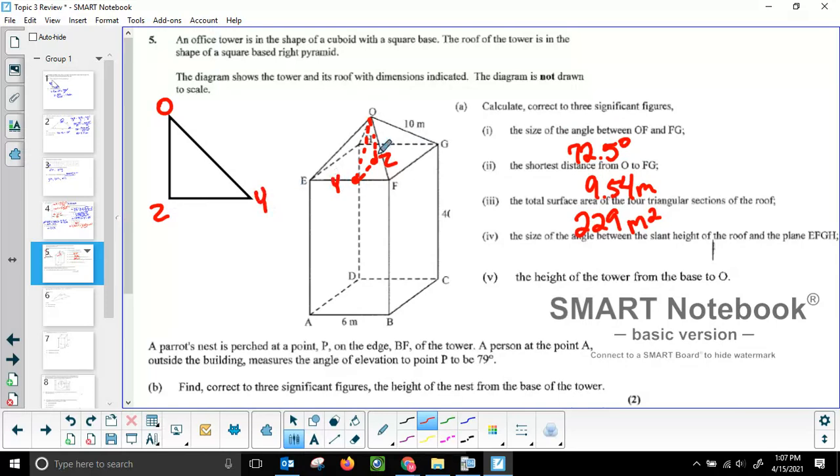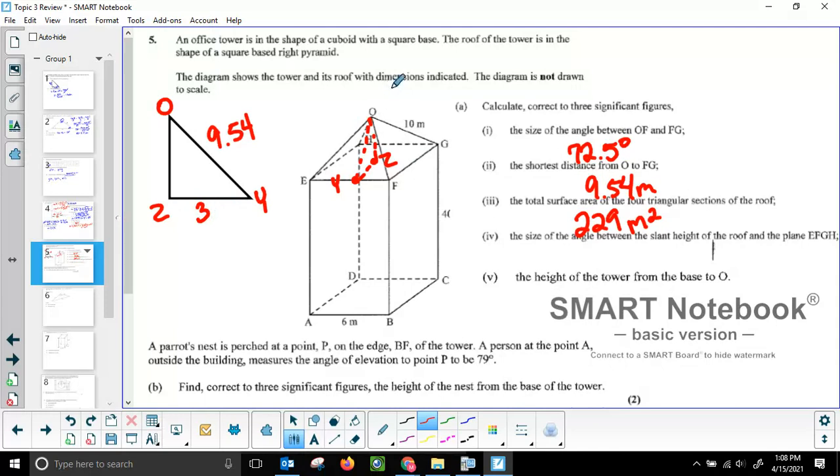And we just found this distance. Again, because this is a square pyramid, all of these are the same. It doesn't really matter which one we're going to. So the shortest distance from O to FG, so we actually found this slant here, was 9.54 meters. Now we know that since this is a square base and this is 6 units long and this only goes to the dead middle of it, how long is this side here? 3, yeah.